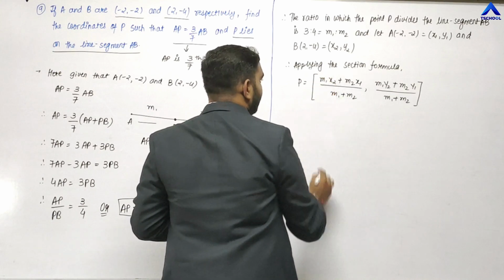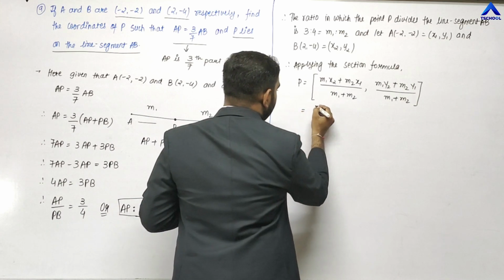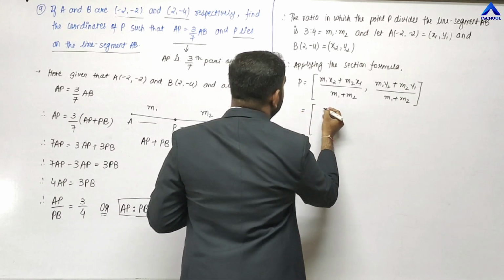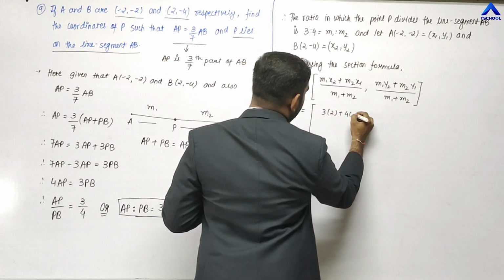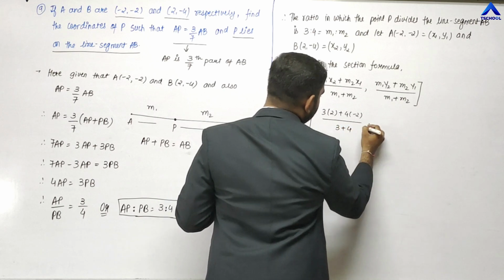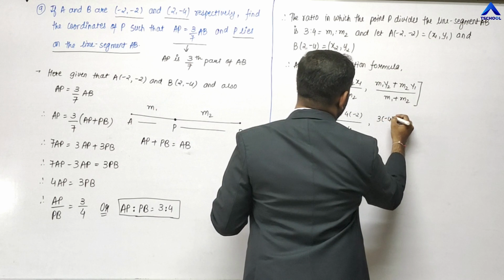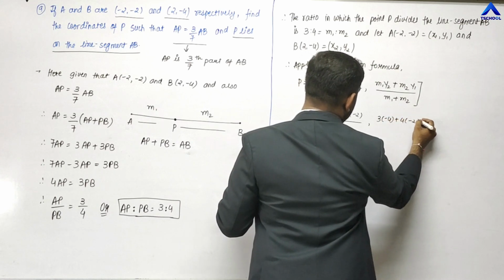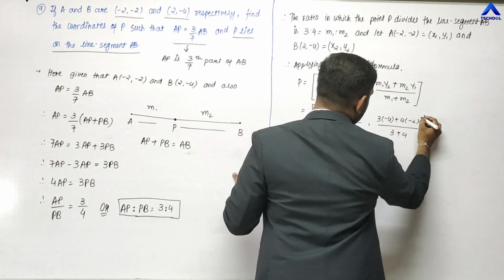Okay, this is the formula. Let us put down the values here. That is equal to 3 into 2 plus 4 into minus 2 upon 3 plus 4 comma 3 into minus 4 plus 4 into minus 2 upon 3 plus 4.